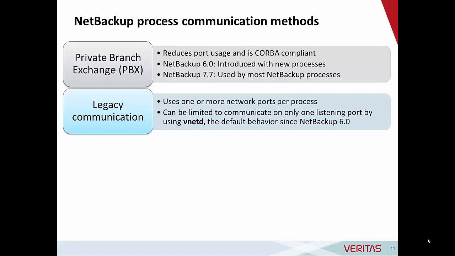This slide describes NetBackup process communication methods. Most communication on NetBackup servers between processes is done using PBX. PBX was added to NetBackup in version 6, and it reduces the port usage by channeling traffic through a single port. The PBX port is 1556.